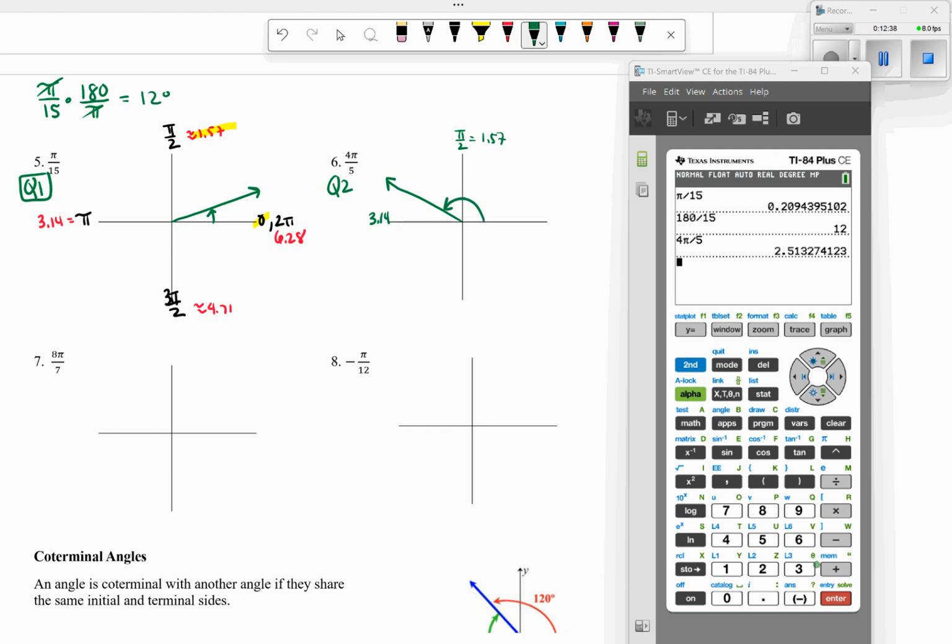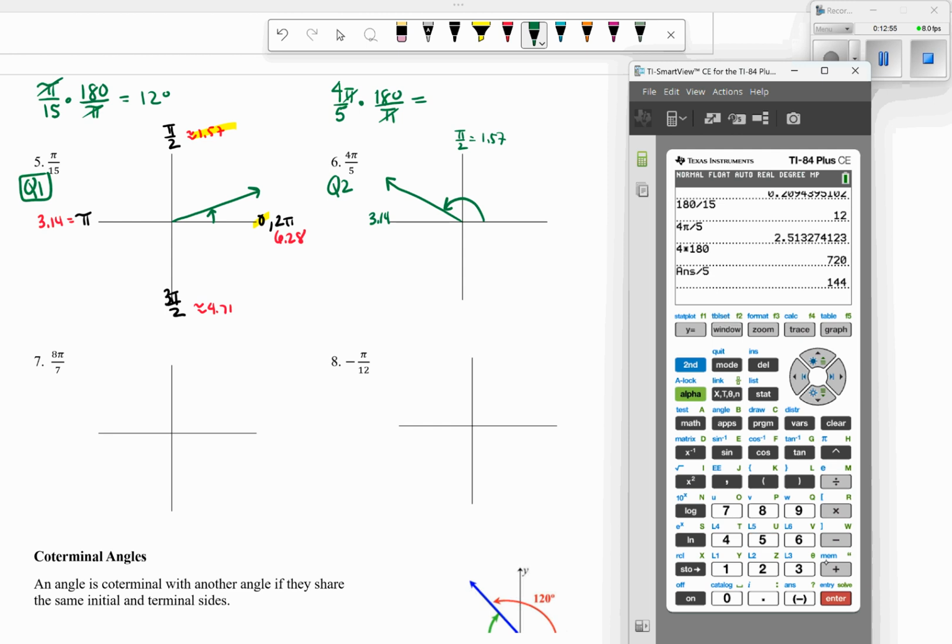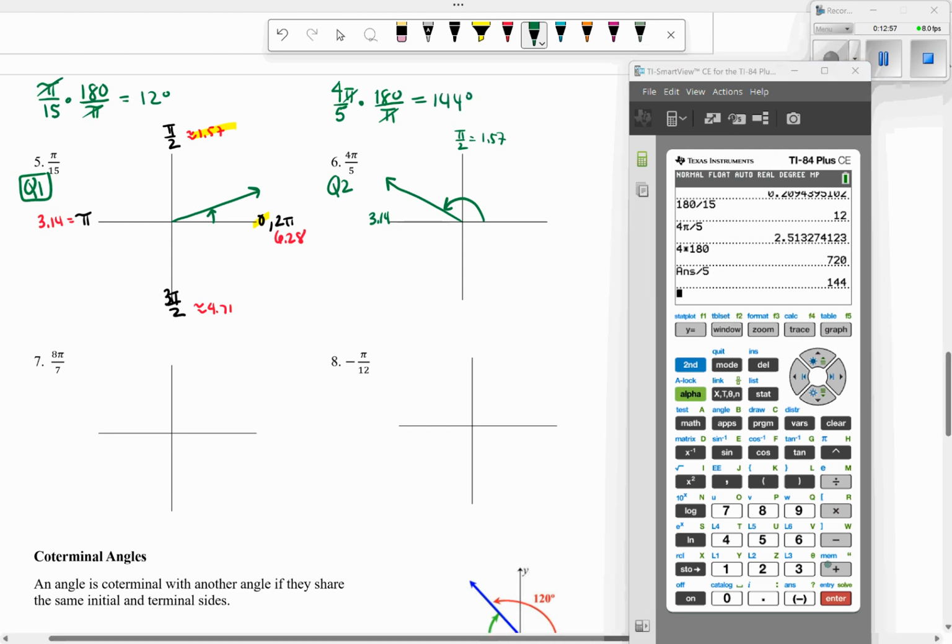And if you're unsure, convert this to a degree measure. So 4 pi over 5 times 180 over pi. Pi's cancel out, so we have 4 times 180, and then we're going to divide that answer by 5 to get 144 degrees.